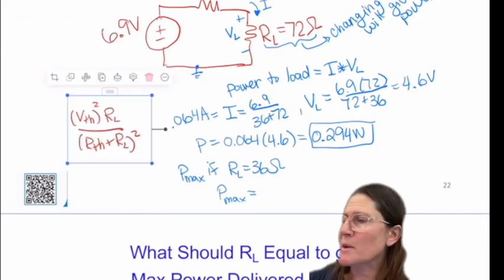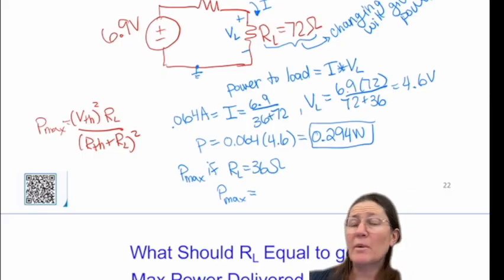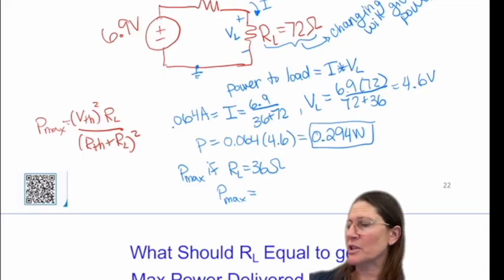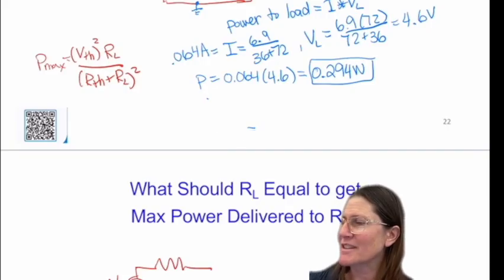So this was the max power equation, so I could use that, or I can calculate it by just going back, finding I for this one and VL for this particular one for 36 ohms. I'm going to do this in a different color.